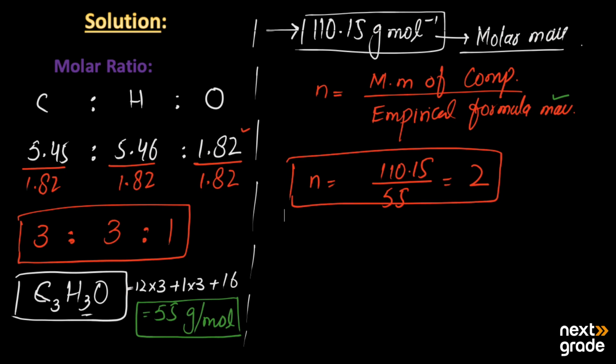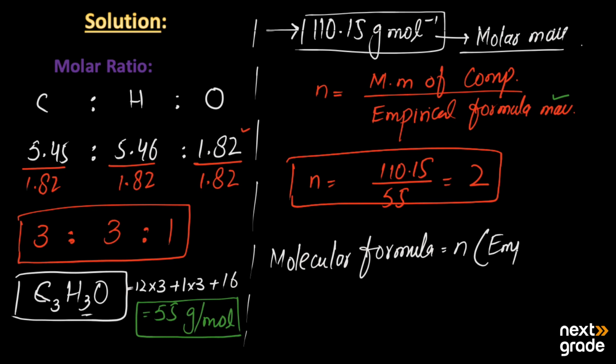Now we will find the molecular formula. The molecular formula is equal to N multiplied by the empirical formula. Here the value of N is 2 and the empirical formula is C3H3O.